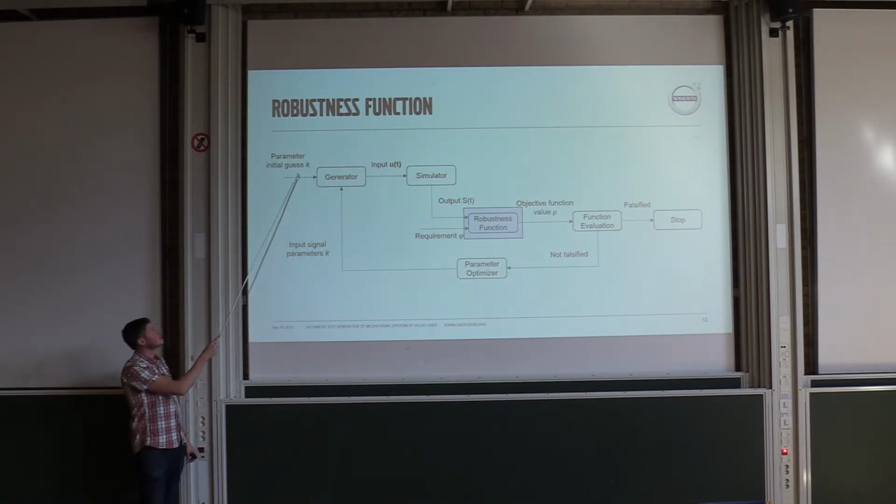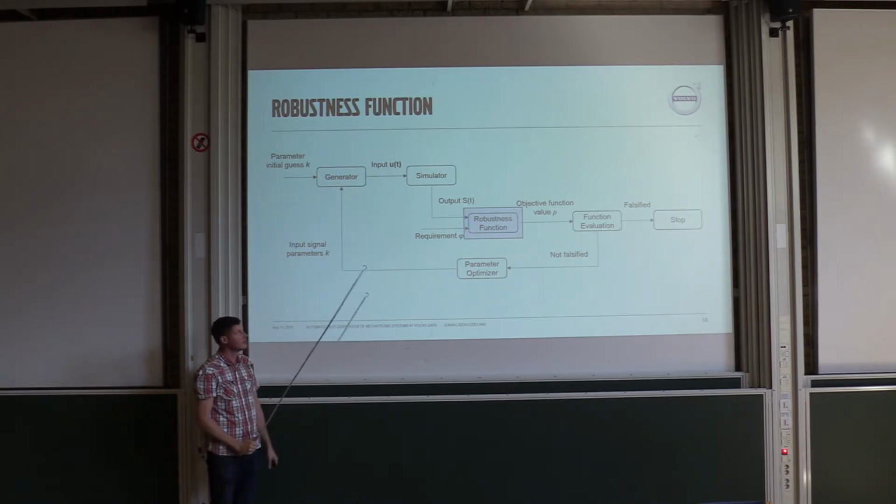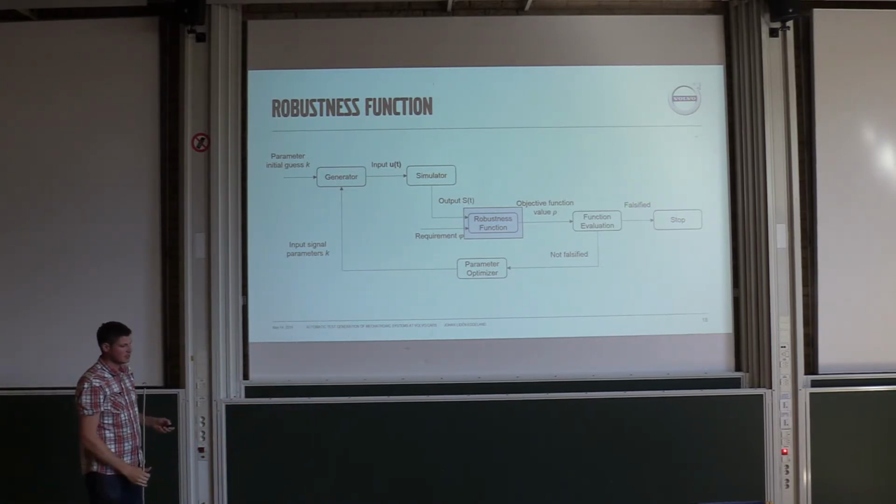So we get a parameter vector k, which characterizes the input signals that we have to the system. And we simulate it, which is straightforward, using our favorite simulator. And then this is where the robustness function comes in.